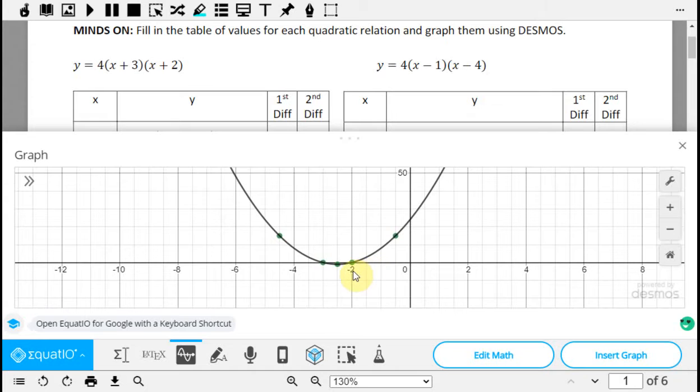From 2 to minus 2 is 4, so this is 4.5. So if we went 0.5 this way, that's still another 4. 1, 2, 3, 4. That would be minus 7. So we're going to go from minus 7 to 2. And then we know our points here are 15, so we can just go above those. We could go up to 20.